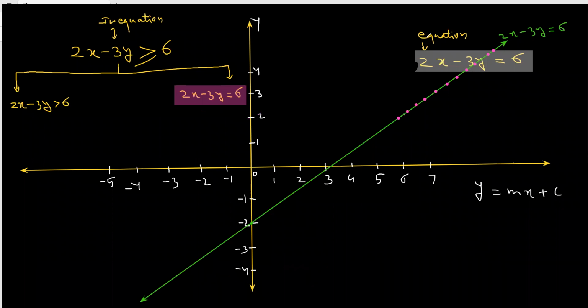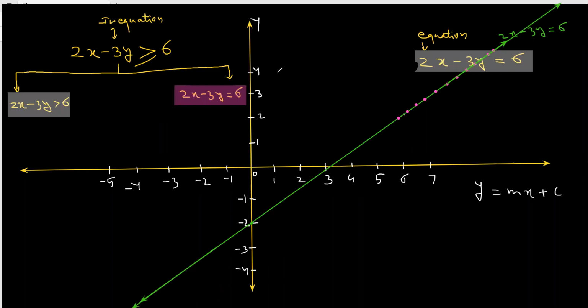Now what will the other represent? See students, in a 2D plane, whenever you draw a line, the line goes to infinity on both ends.